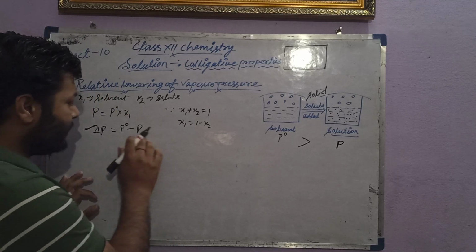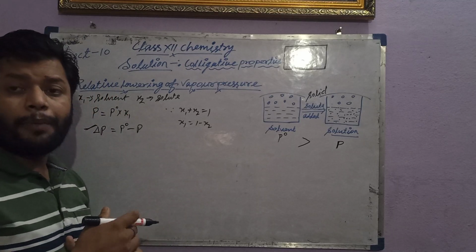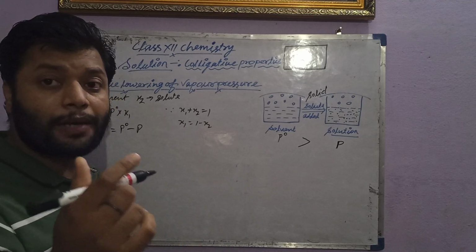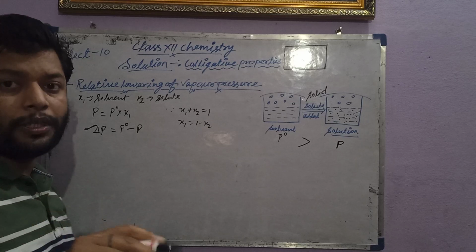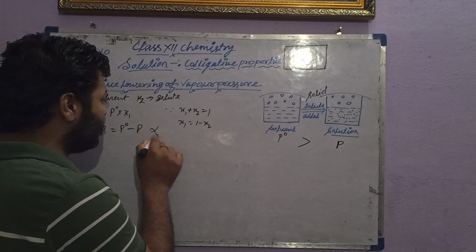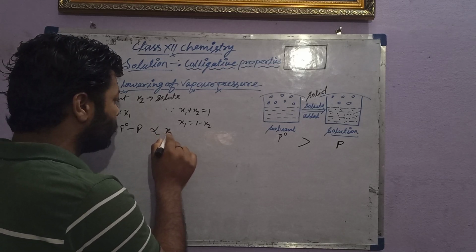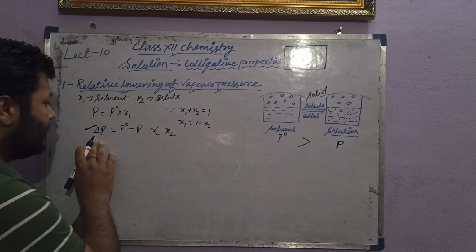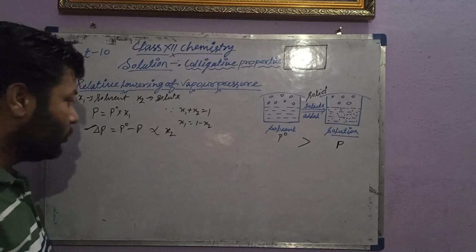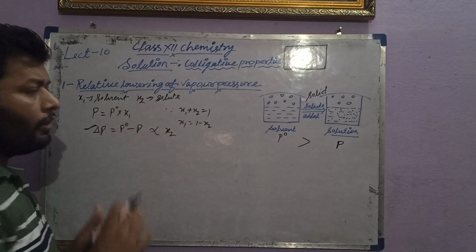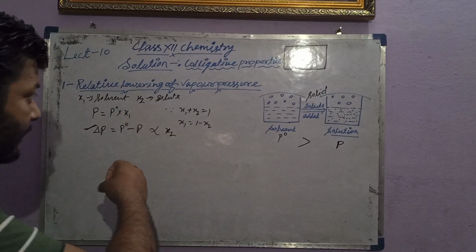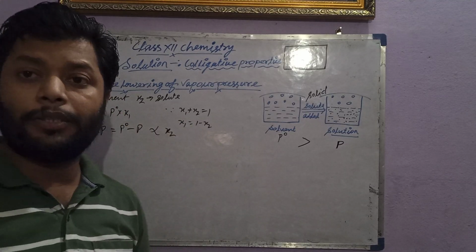So delta P is proportional to the mole fraction of solute. You can write this whole value as proportional to x2. Delta P is proportional to x2. Now solve this whole equation and get the equation for the relative lowering.